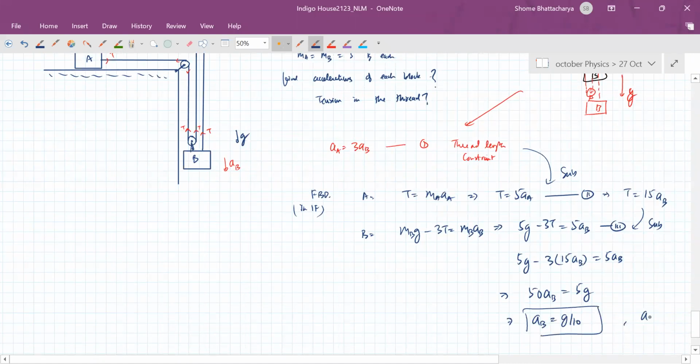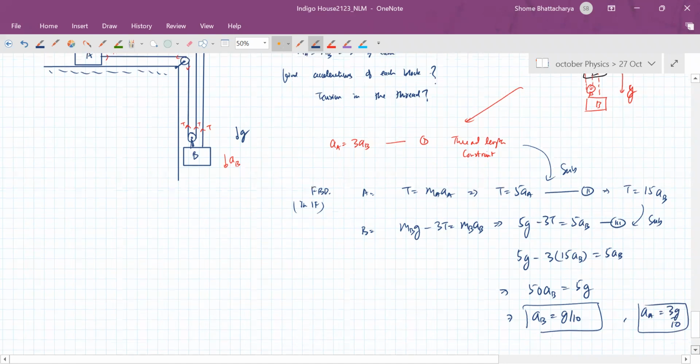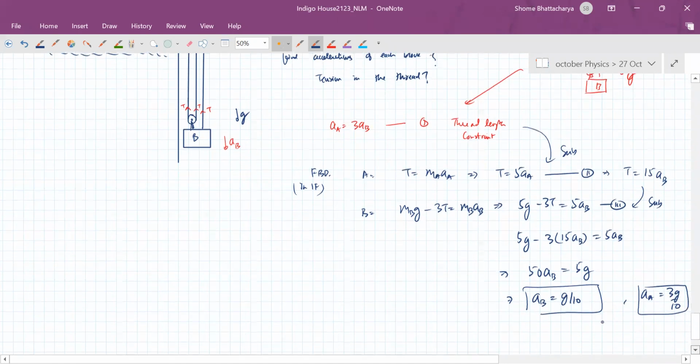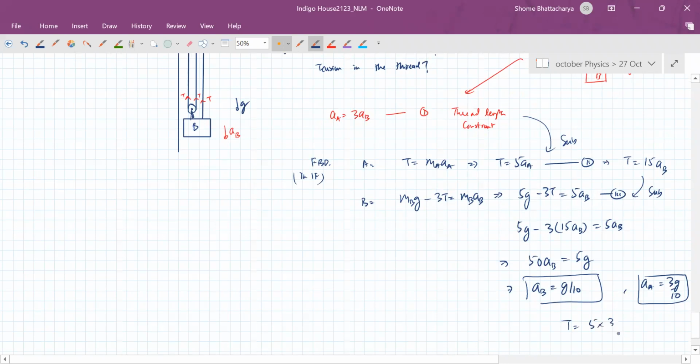Therefore, acceleration of A as 3G by 10. And therefore, tension in the thread as 5 into 3G by 10. So 1.5G or 15 newtons.